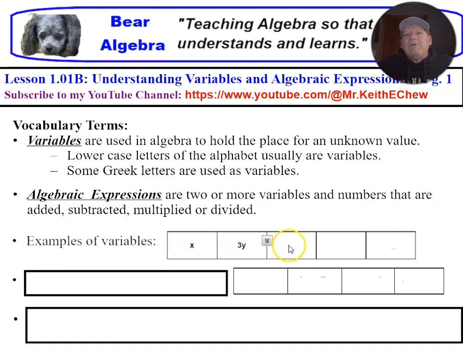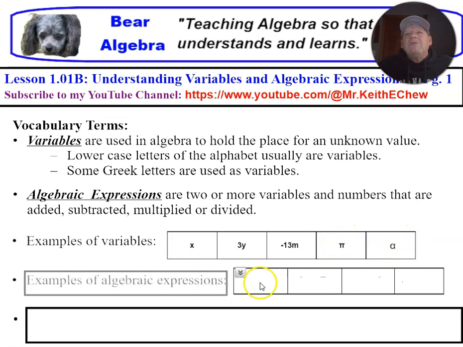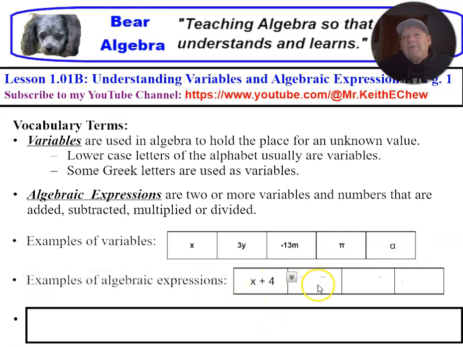Here are some examples: just x, 3y, negative 13m, the symbol pi, and the symbol alpha. Here are some expressions: x plus 4, 3y minus 7z, mn divided by fg, and negative 12bcd.